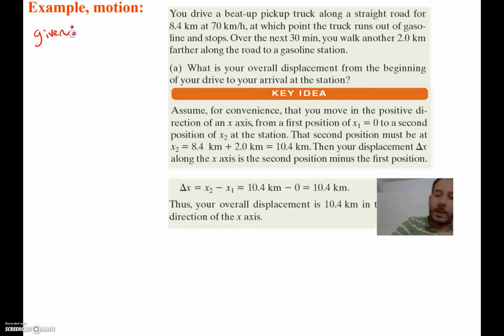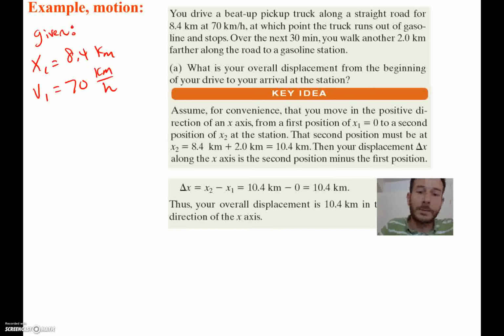Alright, so our givens are that we have a distance, we'll just call this x1 is equal to 8.4 kilometers. And its velocity, v1, is equal to 70 kilometers an hour, at which point the truck stops.